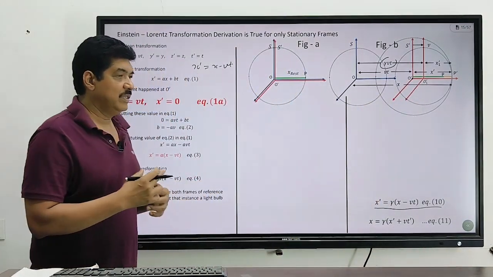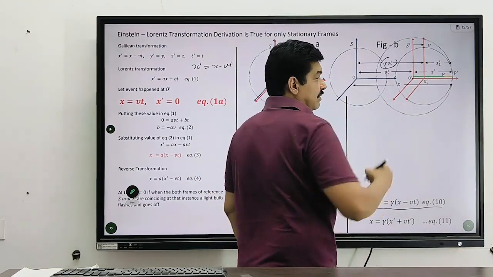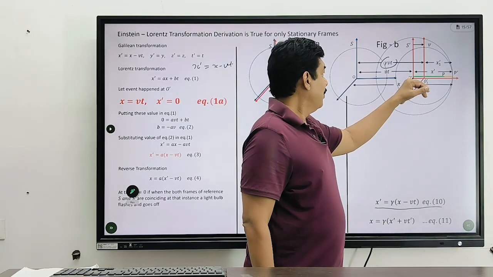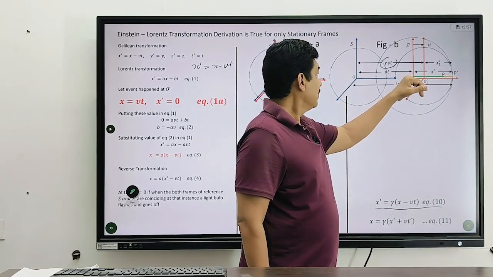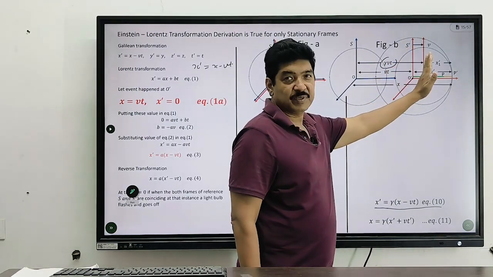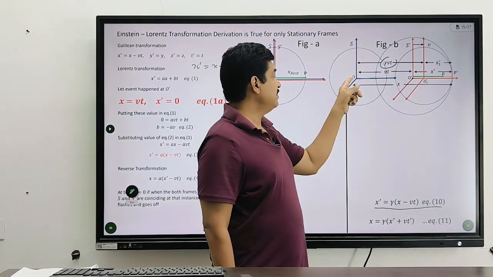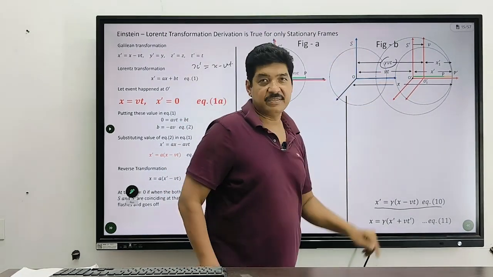It is for the condition where an event happens at O prime, that is the origin of the moving frame of reference. When the event is happening, that event is registered by the observer in the stationary frame of reference.